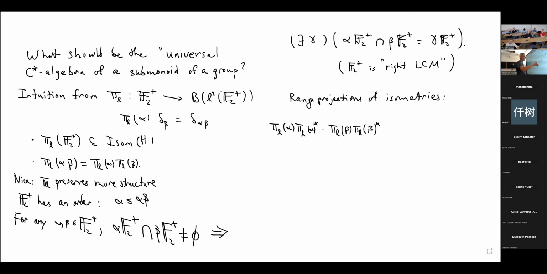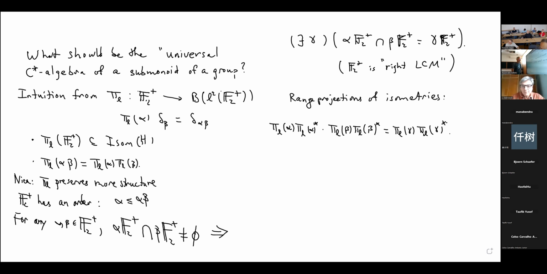Then this really says that that's just the range projection of pi L of gamma. And I suppose I could say or it's equal to 0.